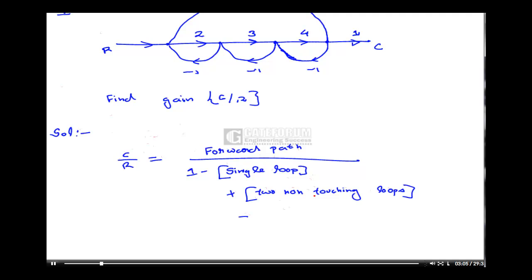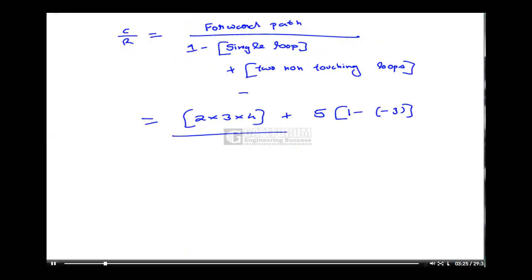In the present figure, forward path 1 is 2 into 3 into 4 plus 5 times. With this forward path, I have one non-touching loop which is minus 3. Okay, then the denominator 1 minus all the single loops, minus 2, minus 3, minus 4.